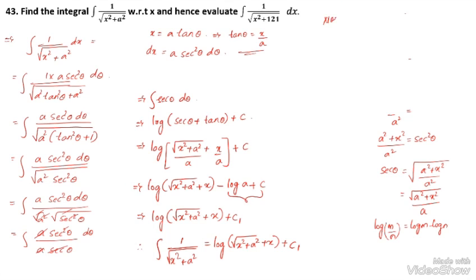Now, integration of 1 divided by root of x squared plus 121. 121 can be written as 11 squared.